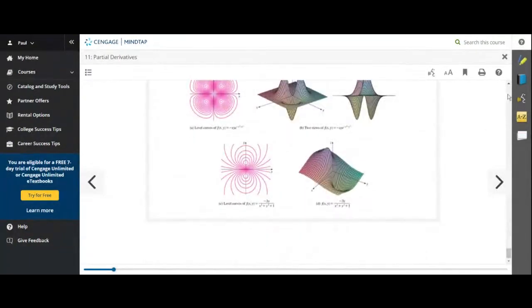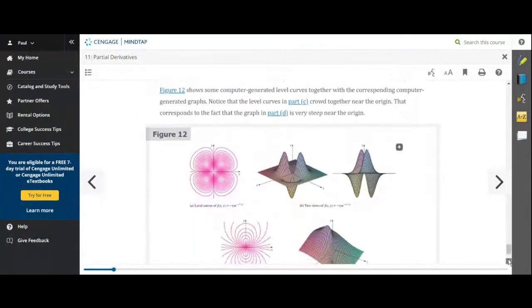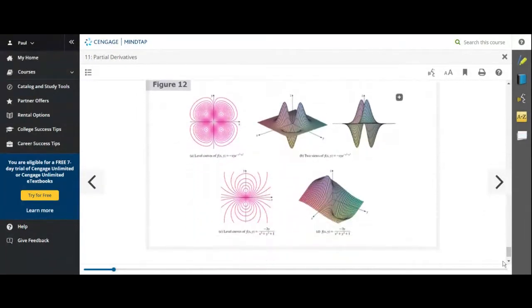And of course, we can take very complicated surfaces, like you have here in figure 12, and then look at their contour plots in the XY plane. So this is really the big idea behind section 11.1.